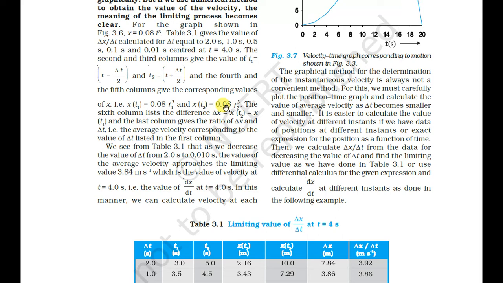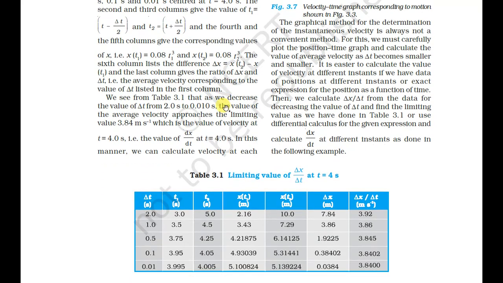The sixth column lists delta x, which is equal to x(t2) minus x(t1). The last column gives delta x by delta t, the average velocity corresponding to the values of delta t listed in the first column.